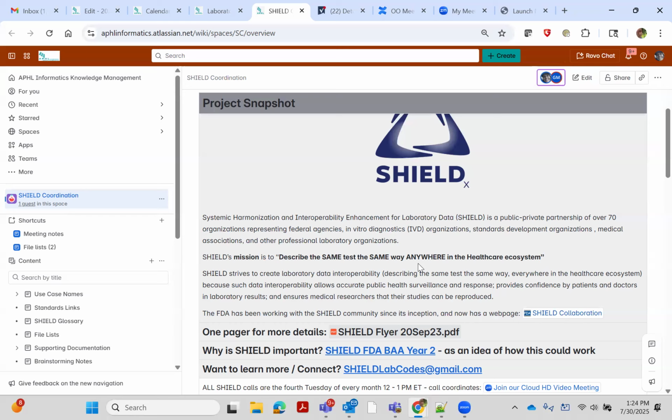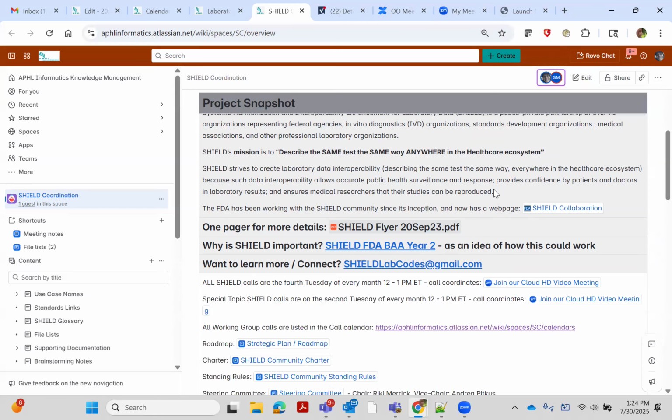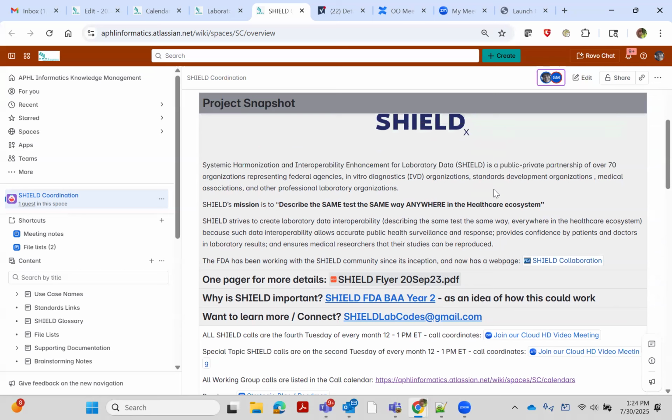So out of that initial meeting at NLM, SHIELD was formed kind of more informally, but we did come up with the name for it. And then during the pandemic, obviously, there was a need to make it a much more formal organization.